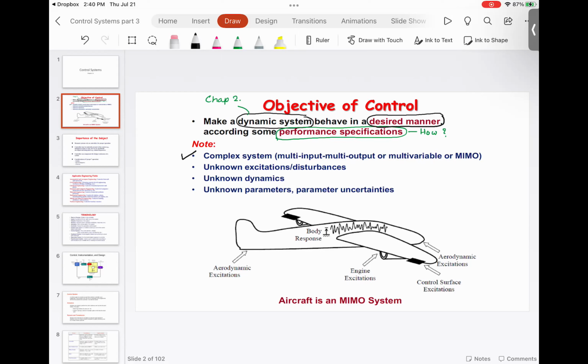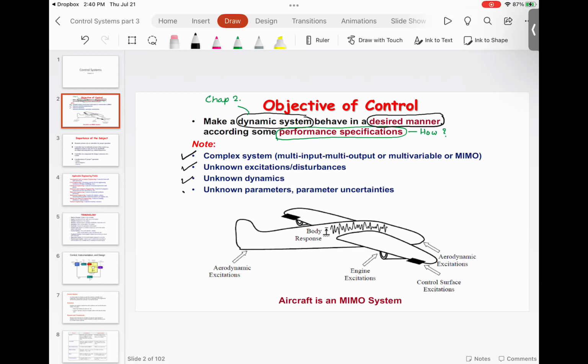And sometimes these excitations are known, sometimes these excitations are unknown. Many a times, if the aircraft is flying in level flight, the ride is smooth. But all of a sudden, if it hits a turbulent zone, or if there is a bird impact or something like that, the dynamics will be totally out of the ordinary.